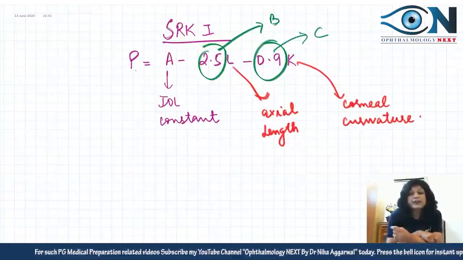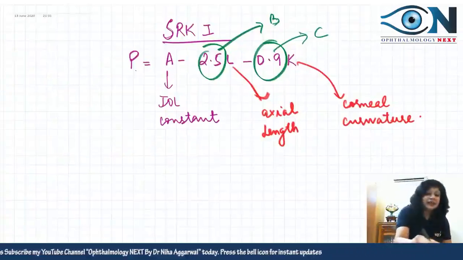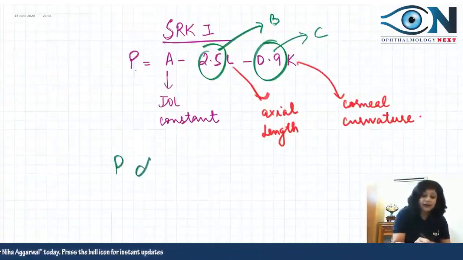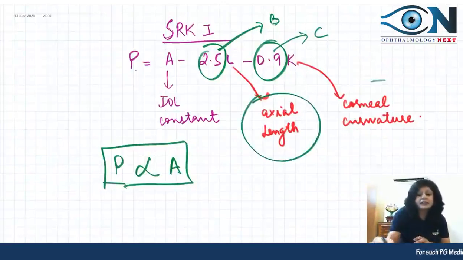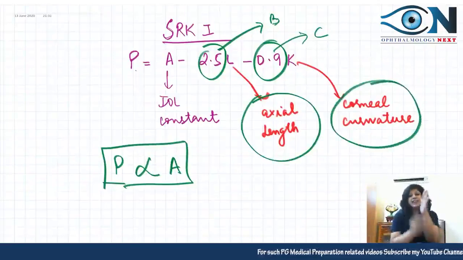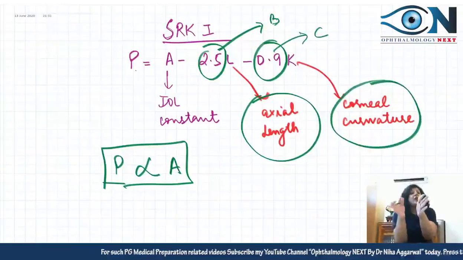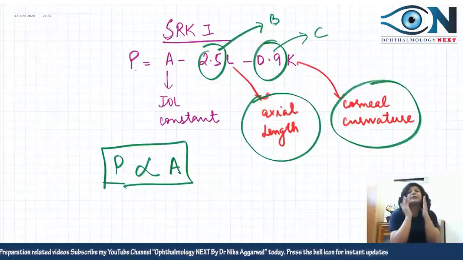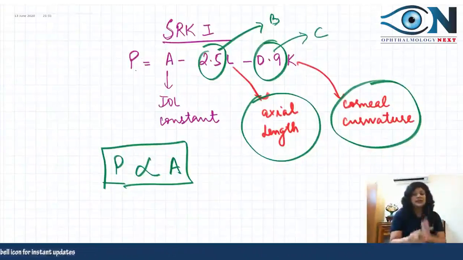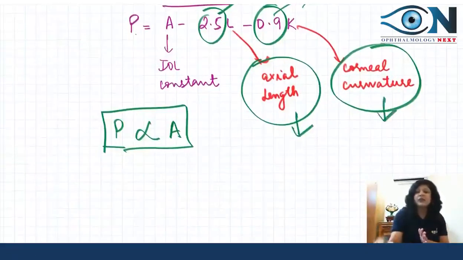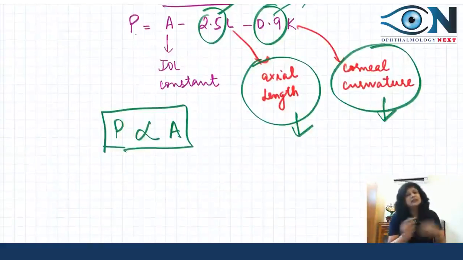The problem is that this says the power P is dependent on this A constant. If I take the axial length and corneal curvature the same, suppose I am talking about the same person, 2 eyes, if they are having the same axial length and the same corneal curvature, then this means that both the eyes will require the same power.